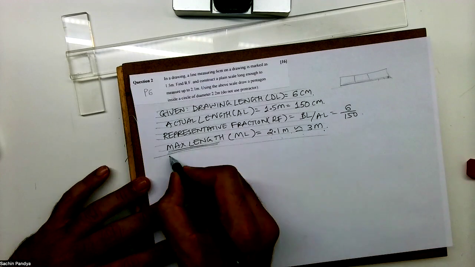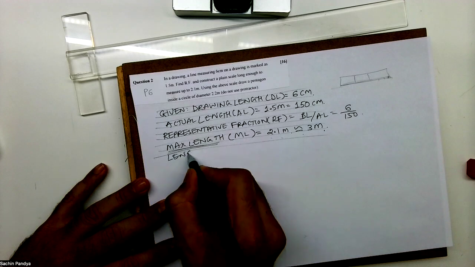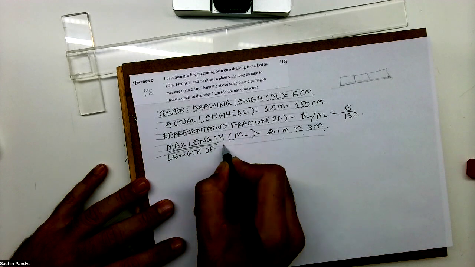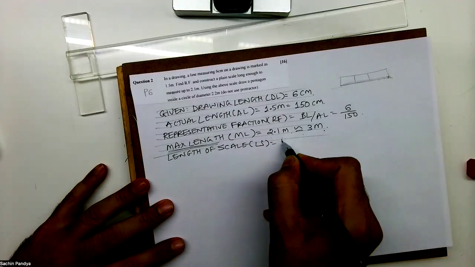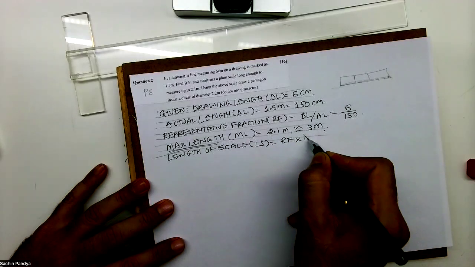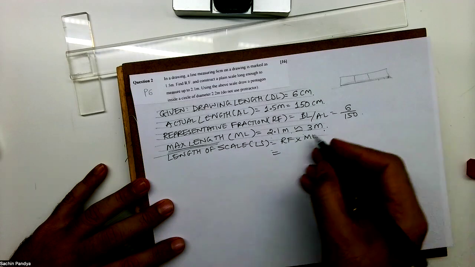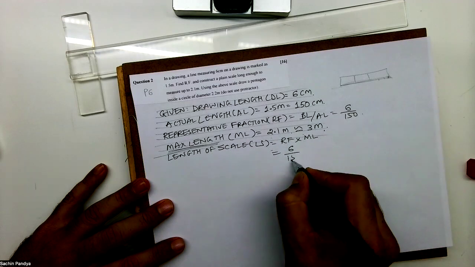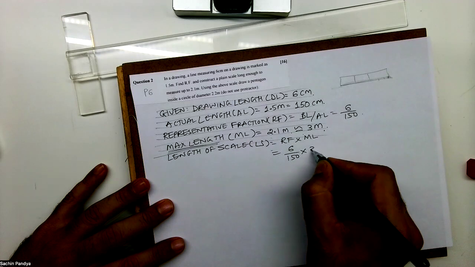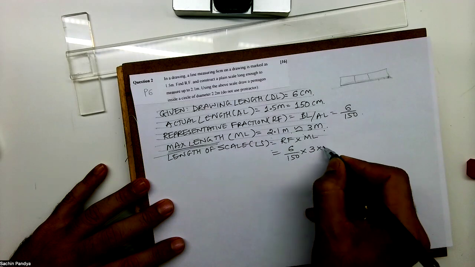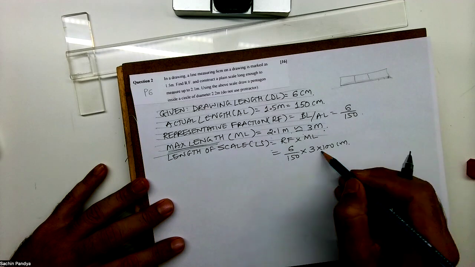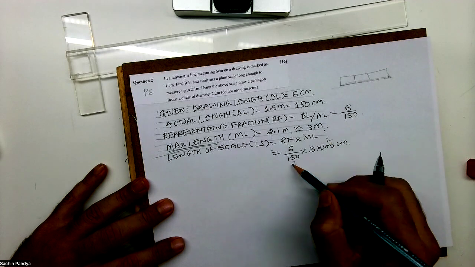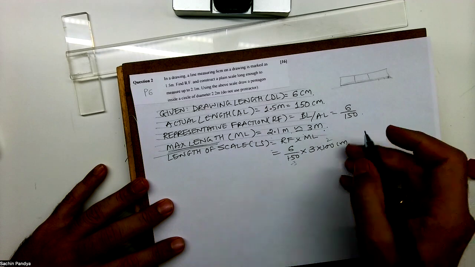Then length of scale. Length of scale LS is equal to RF into ML. What is RF? 6 upon 150. What is maximum length? 3 meter into 100 will give me centimeter. When I solve this, this is 2, 3, 3, 12 centimeter.